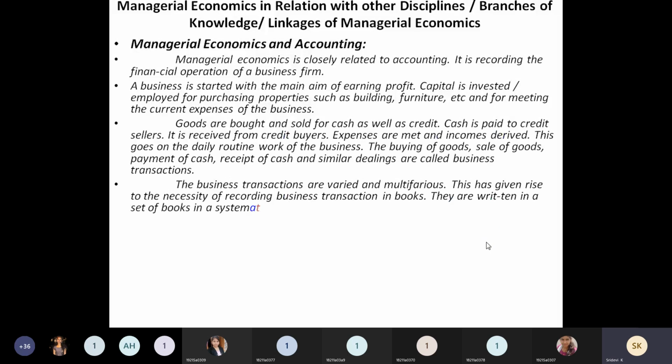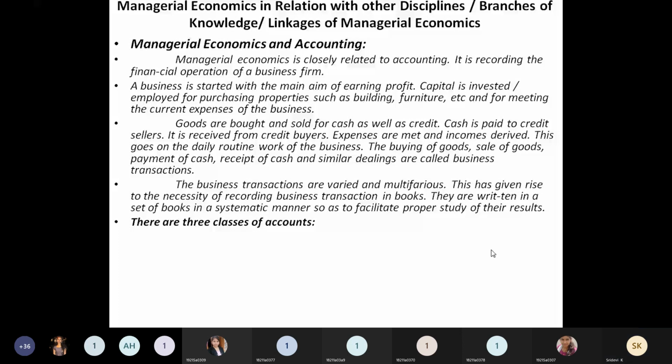Without accounting, you cannot do this. So in the books, you are going to record each and every transaction so that you can identify the profit that the company has earned.